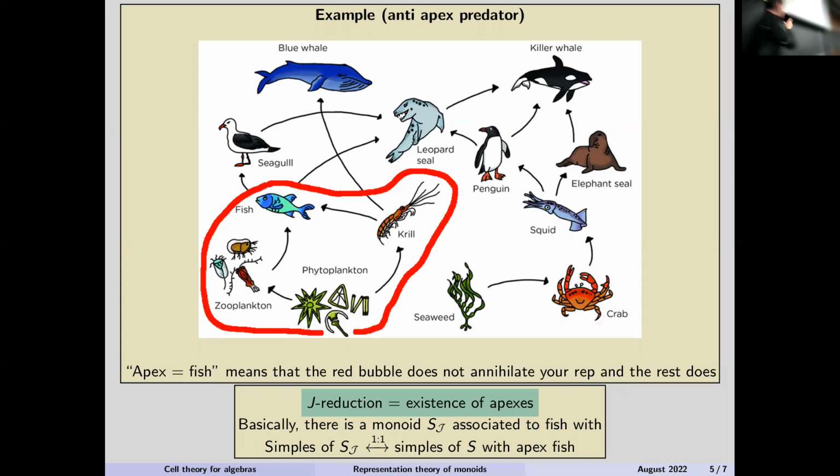Okay, and basically what it is, that's what I would like to sell. Call this theorem H reduction. And the existence of an apex, which is not completely trivial, I call the J reduction.